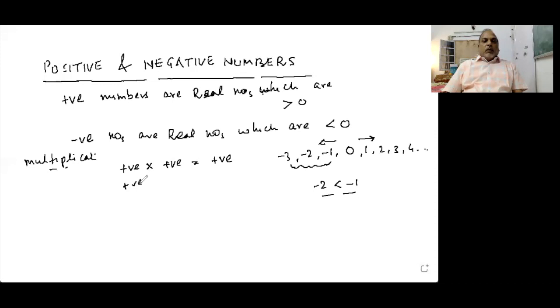Positive multiplied by negative will give you a negative number. And negative multiplied by negative will be positive.